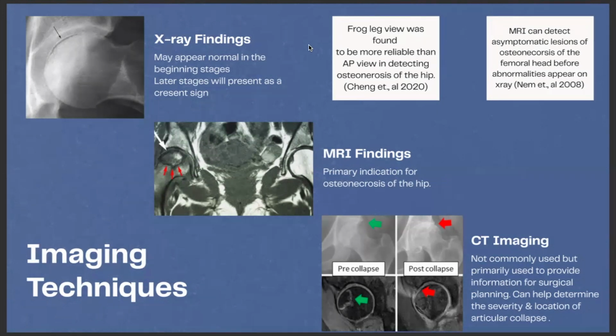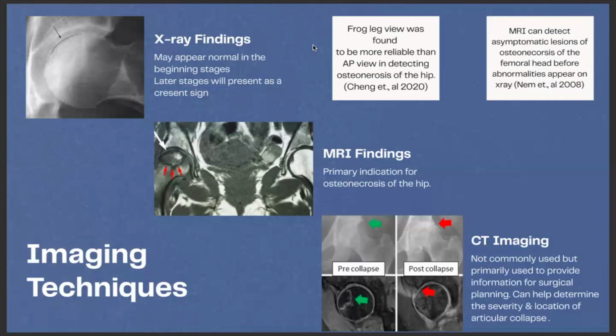But after looking it up, it said that in a non-acute, non-traumatic case like suspected avascular necrosis, there's no concern for unstable fracture. So the frog leg view is actually safe and useful. And as said in this study, it's actually more reliable than the AP view in detecting it.